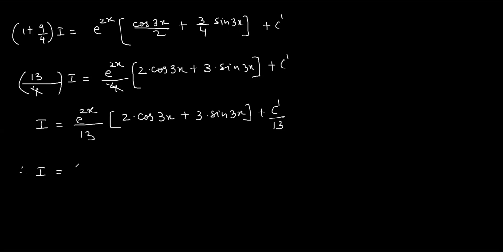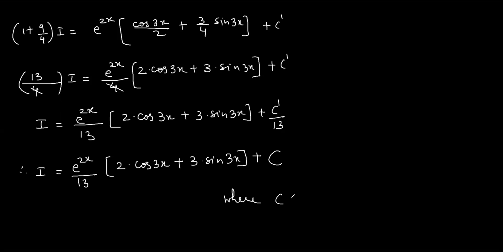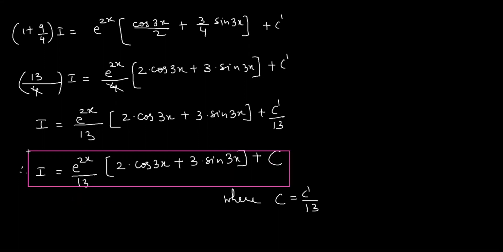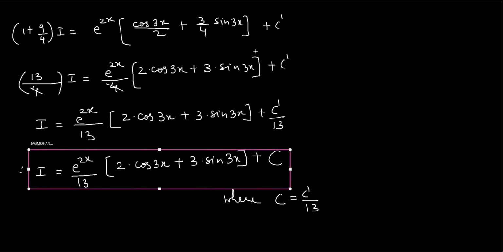Therefore I equals e raised to 2x upon 13 times 2 cos 3x plus 3 sine 3x plus c, where c equals c dash upon 13. This is the final answer. That is the solution. We have integrated the given function.